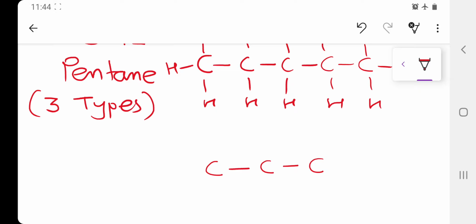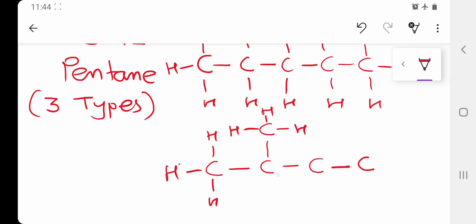Then it is this chain, this one. Here, this carbon will have 3 hydrogens. This is the branch chain. These are all 3 hydrogens. Then it is only 1 hydrogen here, 2 hydrogens here, and 3 hydrogens remaining on this carbon.